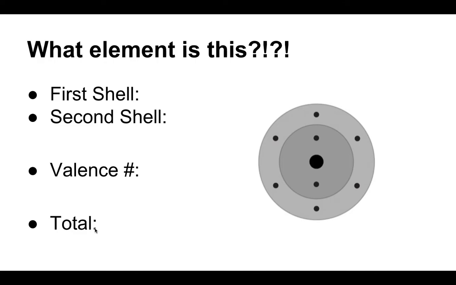Take a minute to look at your periodic table to see if you can figure out what element this is. Have you found an element on your periodic table that has 8 total electrons and 6 valence electrons? If you said oxygen, then you're correct.